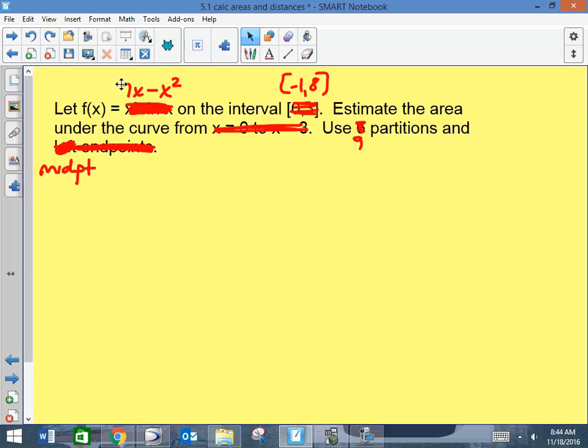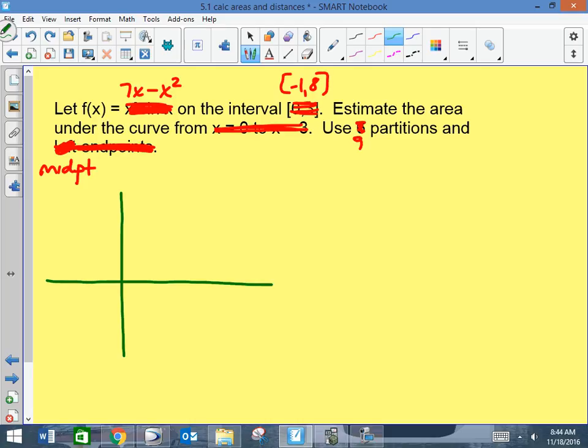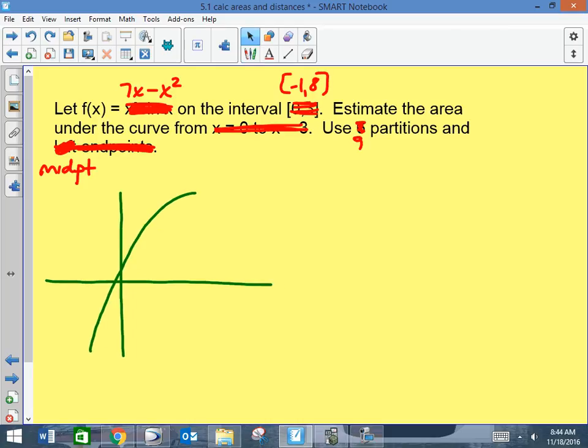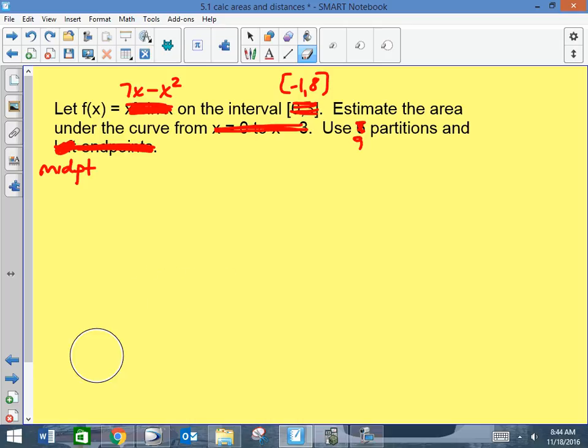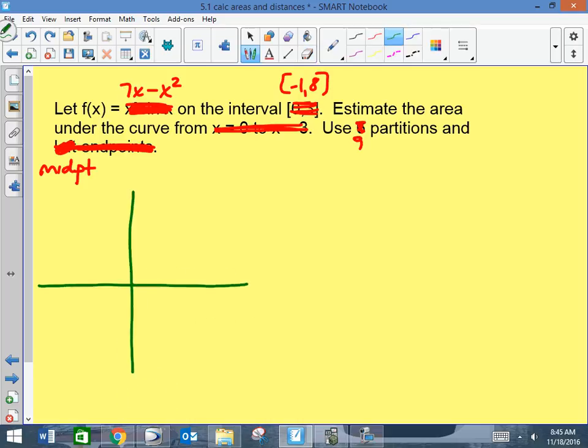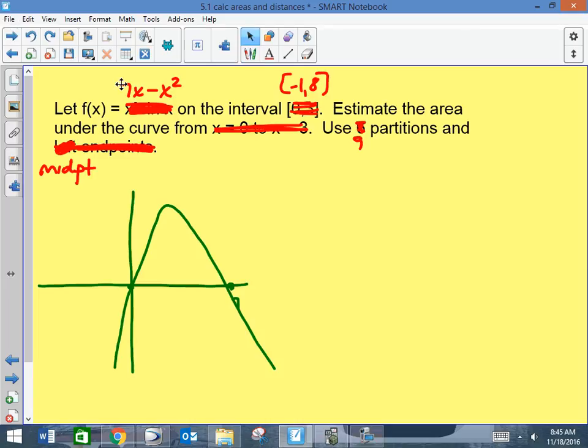Okay. So the first thing you're going to do is graph it. So it looks like, oops, your zeros are 0 and 7, right? So why would you use 9? You'll see here in a minute. Okay, -1 is right here.